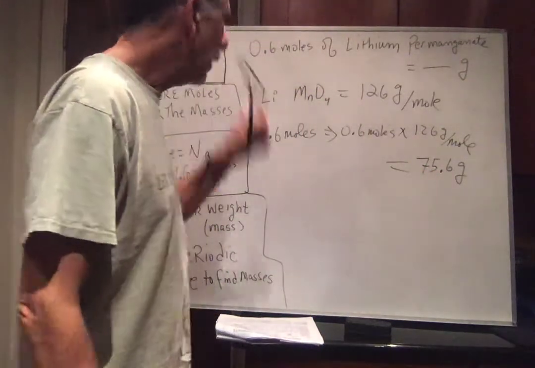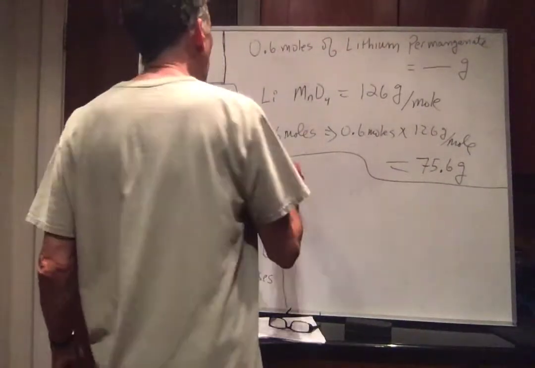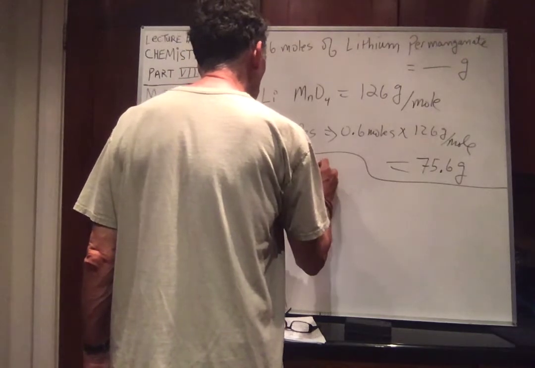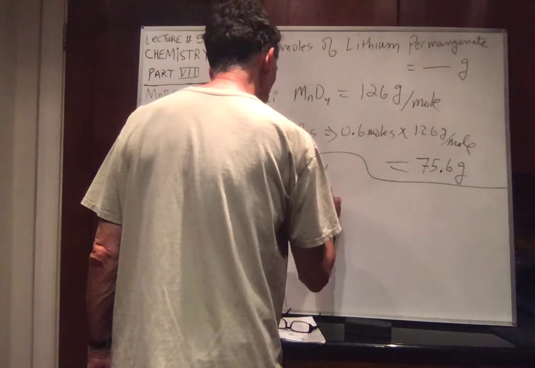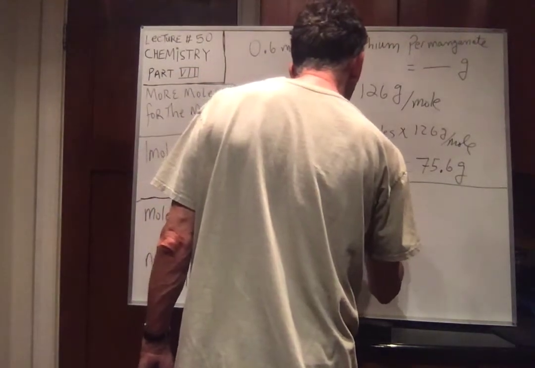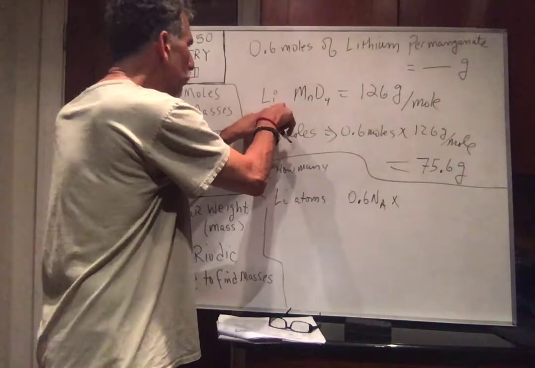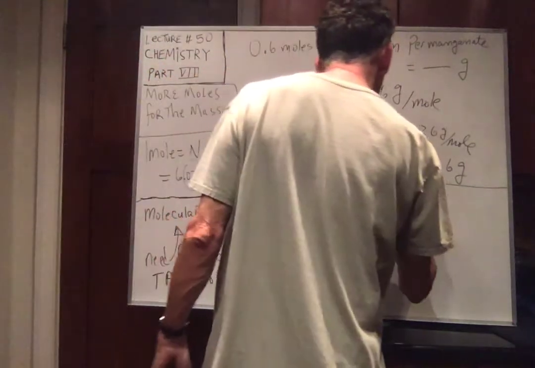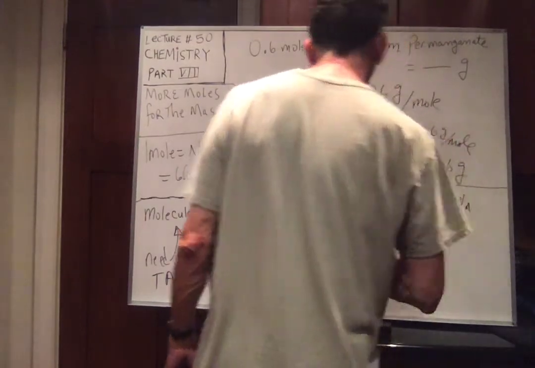Fantastic, okay? And now, once again, I would ask the question, how many Li atoms? Well, we have 0.6 moles Na times, remember we have one lithium in the lithium permanganate molecule, times 1 is just 0.6 Na Li atoms.